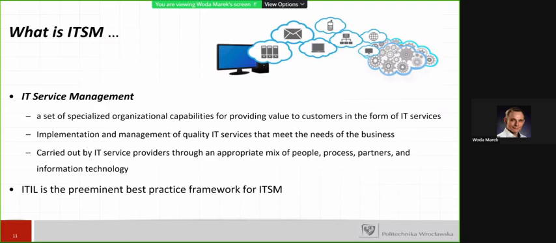So generally, this is the set of capabilities that allows us to do our IT stuff correctly and align to best practices to be effective yet again.